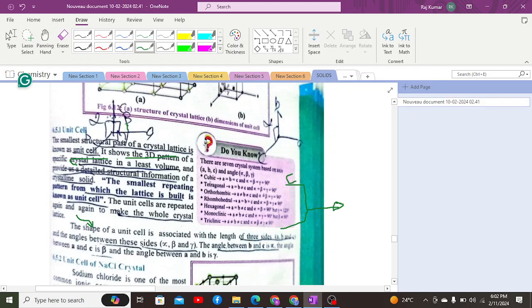In the cubic system, all types of cells are present, such that there is face centered cubic, edge centered cubic, and body centered cubic.